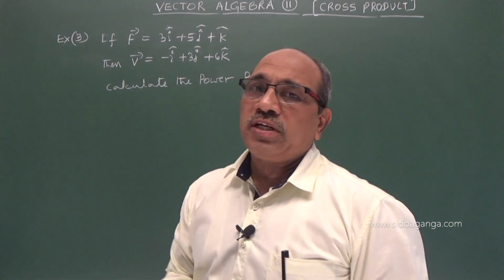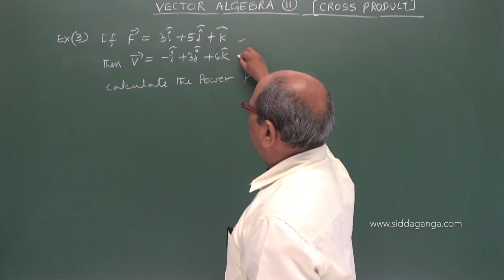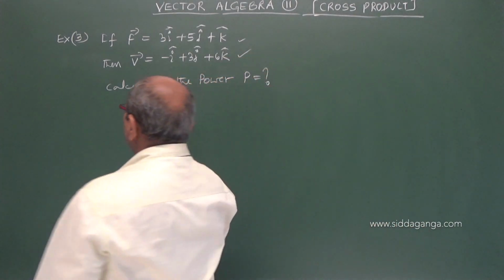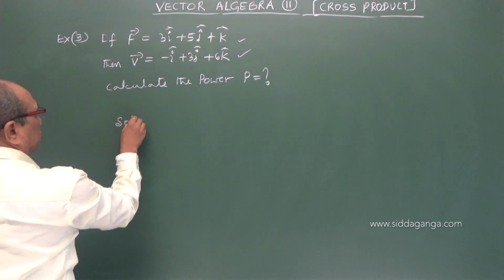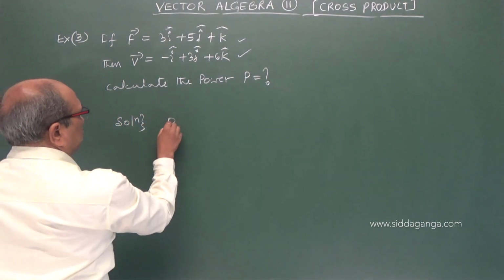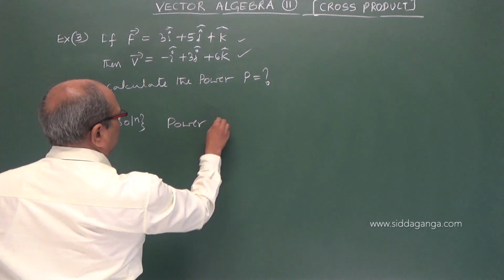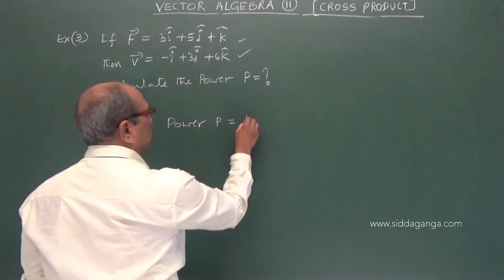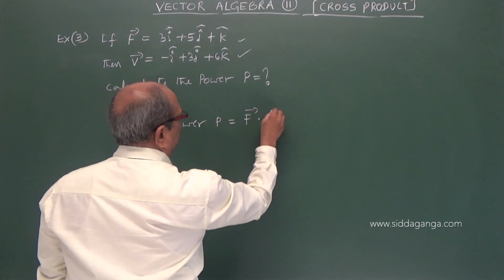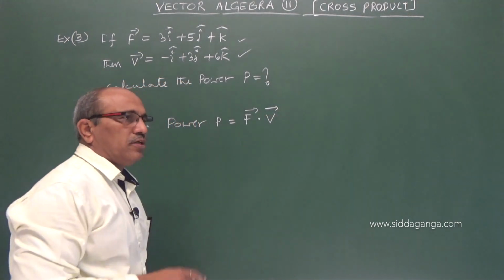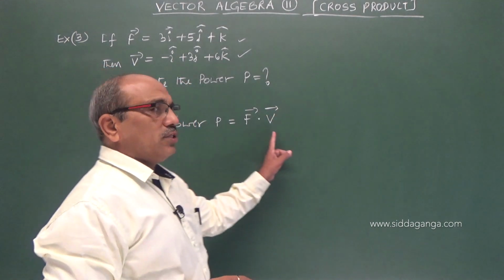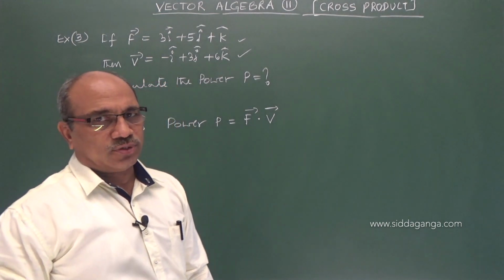So we come to know it is a dot product if they are given in the vector form. In the solution, power P equals F dot V, where F is the force acting on the body and V is the velocity with which it is moving under the action of the force.